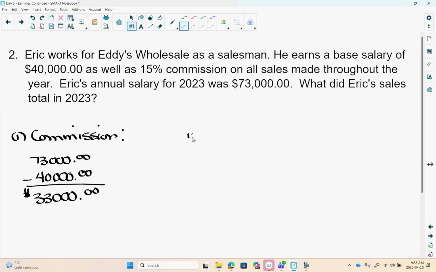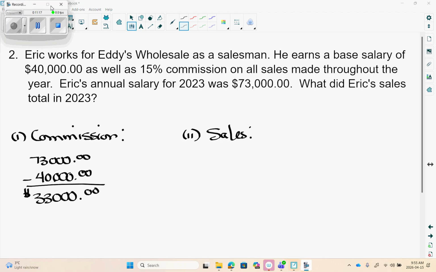So if I want to figure out his sales, this is what I'd need to do. I know that 15% of some number is equal to $33,000. So here's what I'm going to do to find his sales.